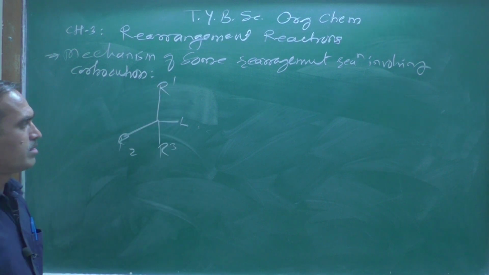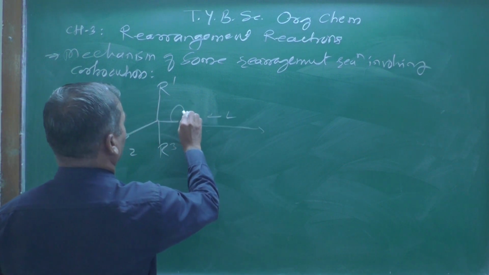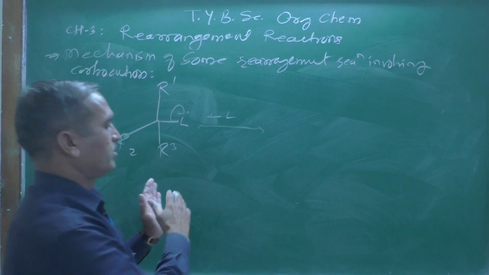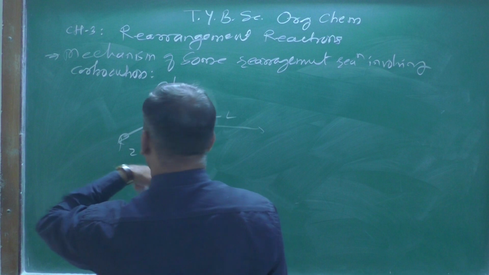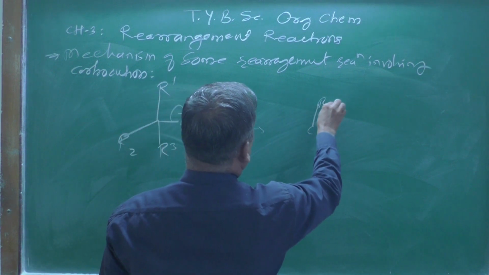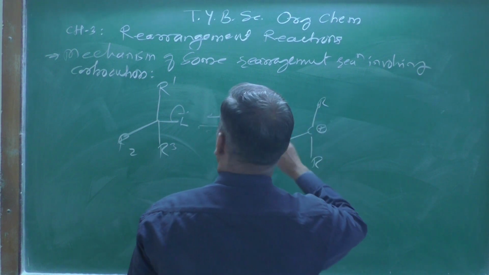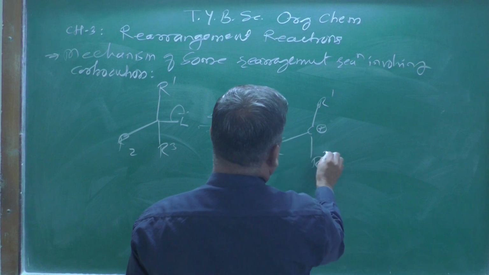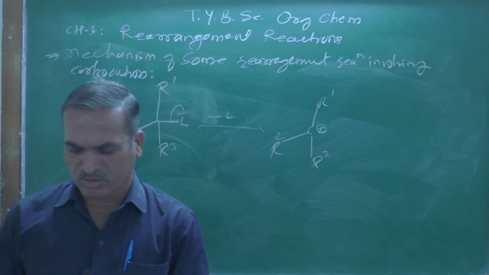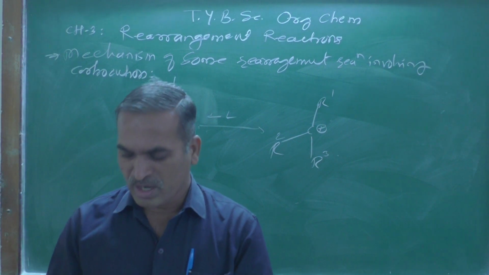When the leaving group leaves, it takes its bonding pair, and the carbon has a positive charge, which is known as a carbocation, with R1, R2 and R3. L is a good leaving group, you have to consider.